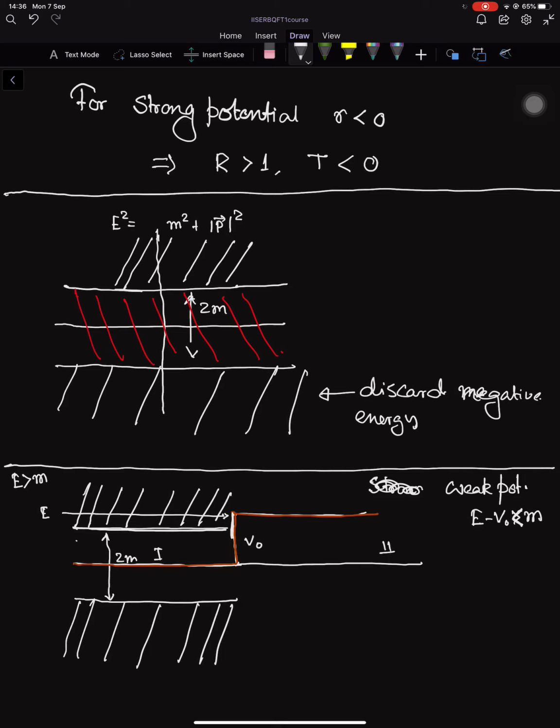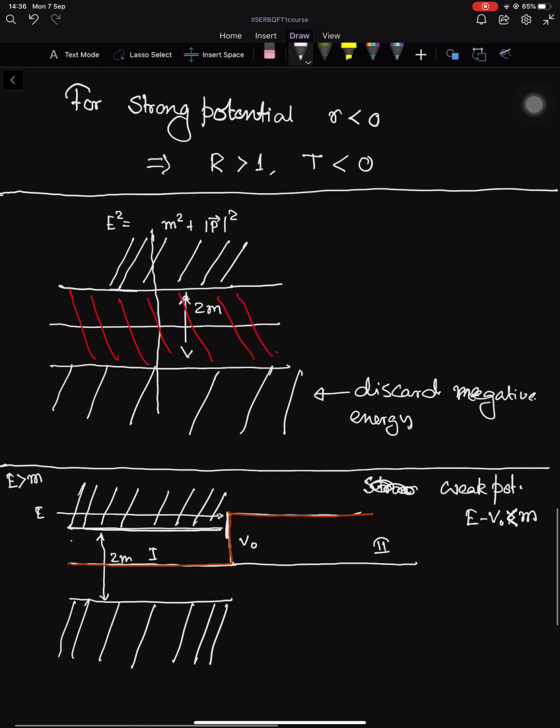In region 2, these energy levels will be shifted upwards. So in this case the energy levels are somewhere like this.